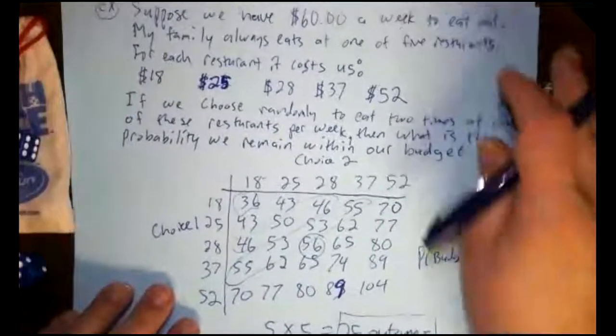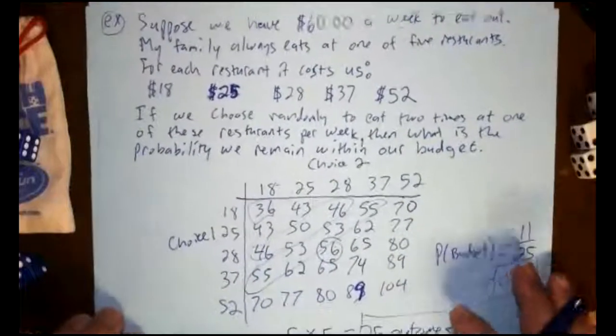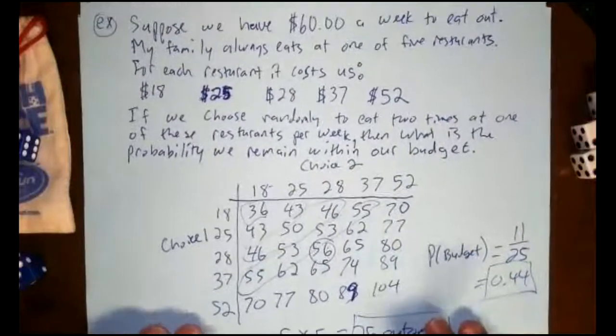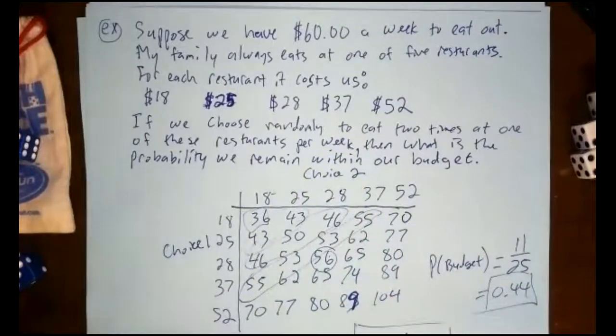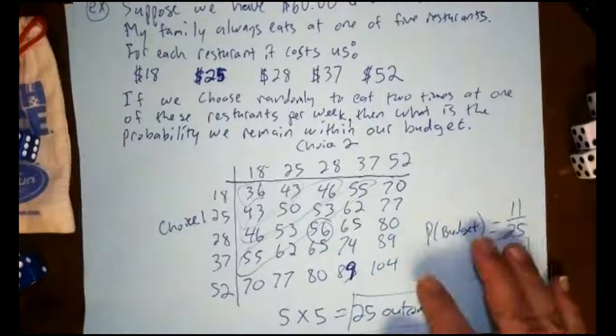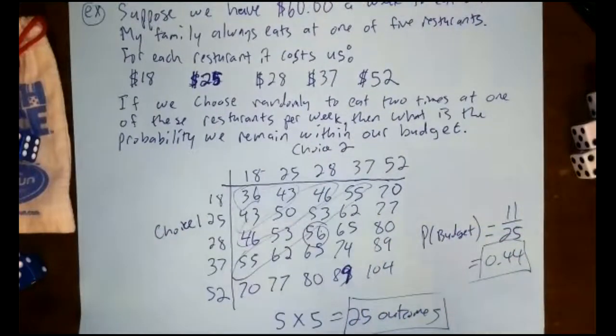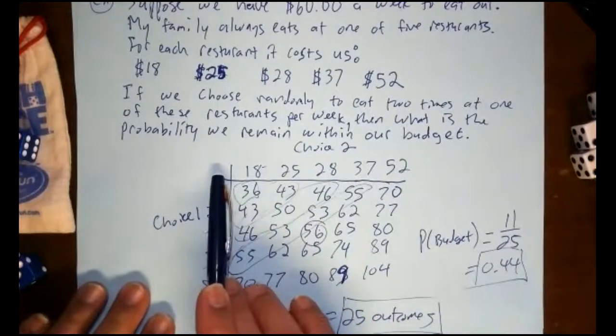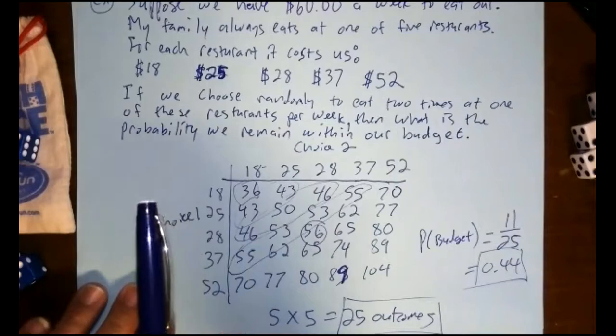So let me just share one other thing here. You could take this and extend it to, what if I ate at 3 different restaurants? We randomly selected 3 restaurants. What would be the probability we could afford all 3 restaurants? Well, what I could do here is move this up like this, okay?